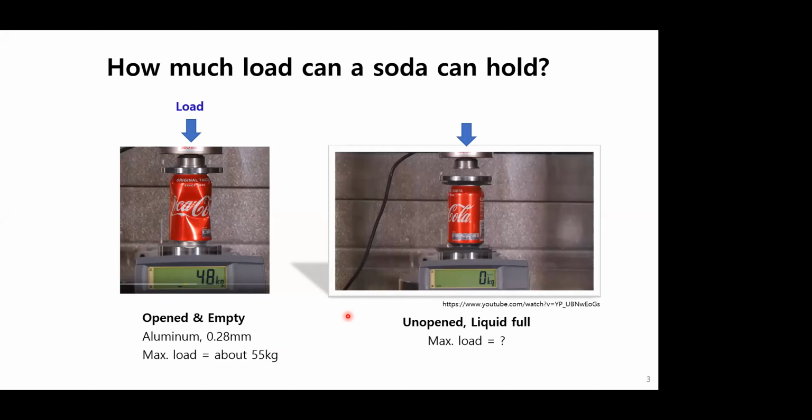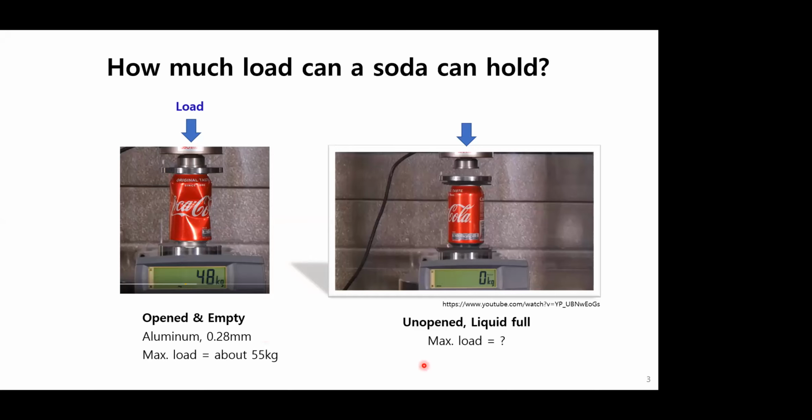In this slide, you see two test situations. The left one is an opened and empty can. The can is vertically loaded and it collapsed at 55 kilograms. The photo shows just a little bit after the load reached the maximum.